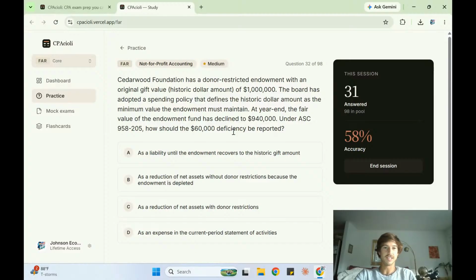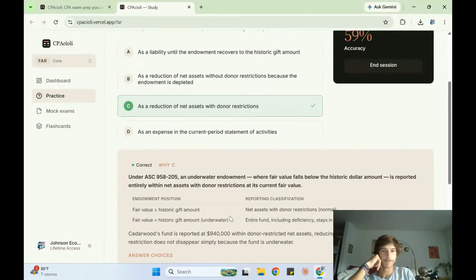How should this $60,000 deficiency be reported? Not sure. Okay.